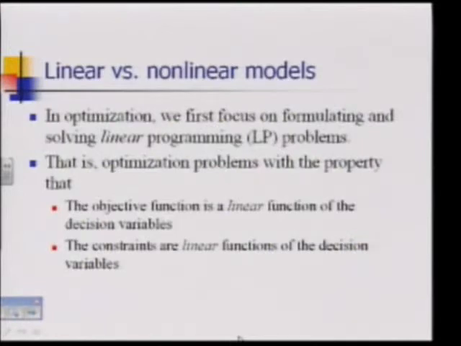Also, you can look at the constraints to see whether the feasible set is a convex set or not. If the objective function is convex and the feasible set is also convex, we have a convex program. And later, we're going to talk about different characterizations of the nonlinear models for optimization.